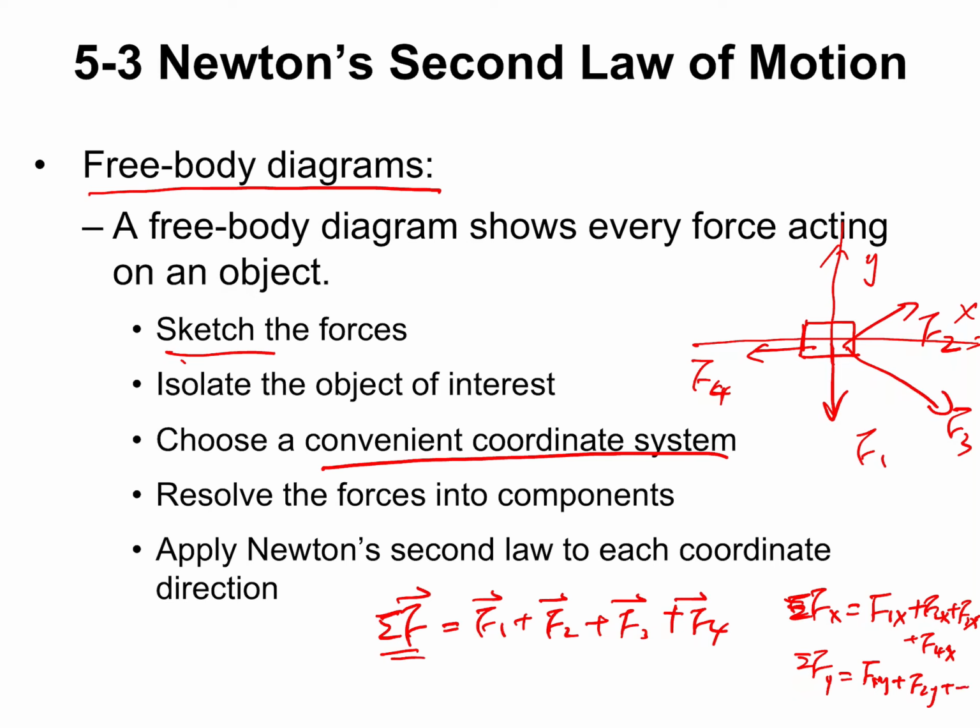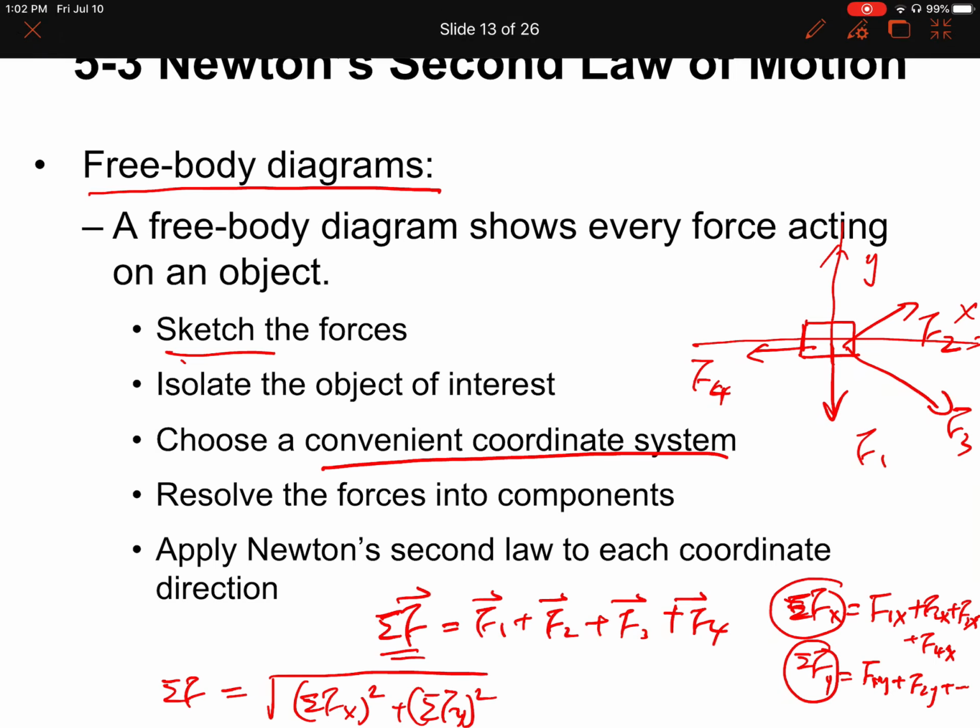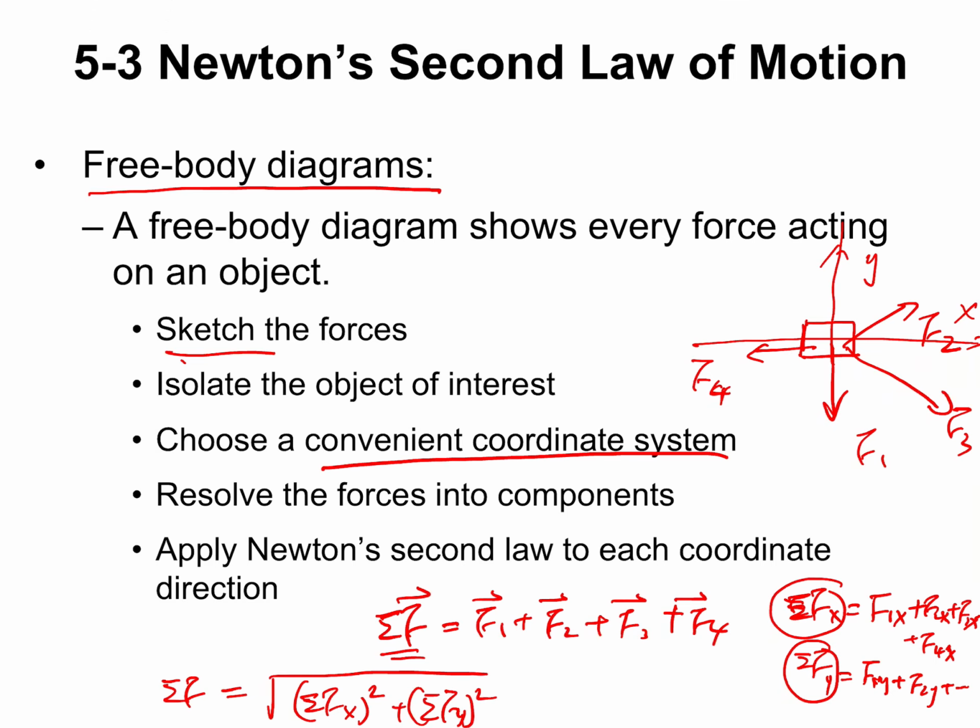You figure out the x and y components and then combine them. The magnitude of the net force equals the square root of the sum of the squares of the components, and the direction equals the inverse tangent of the y component over the x component. So you know the magnitude and the direction.